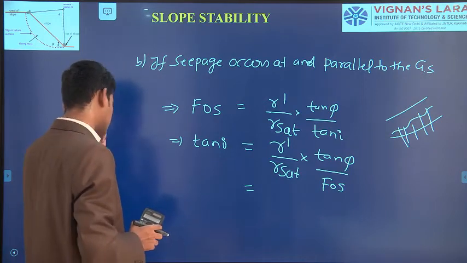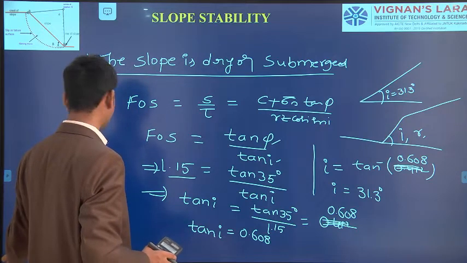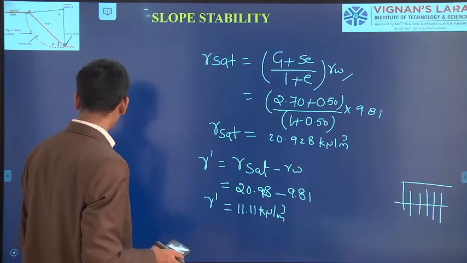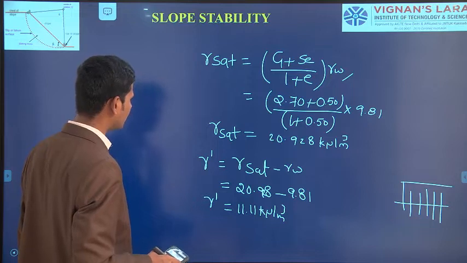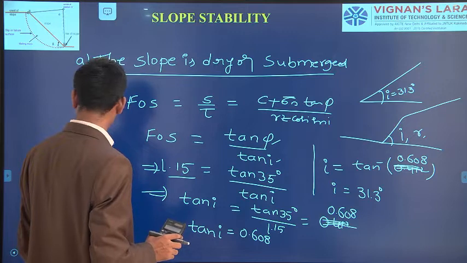The gamma prime value we calculated is 11.11, as well as gamma sat, which we get as 20.928.